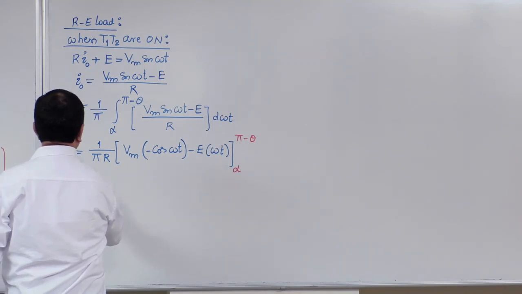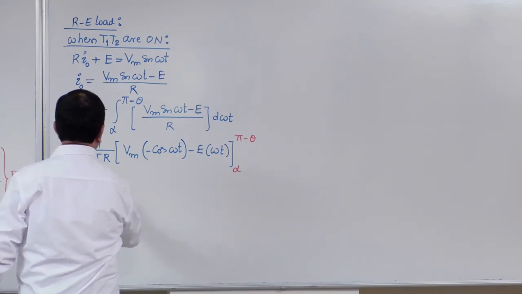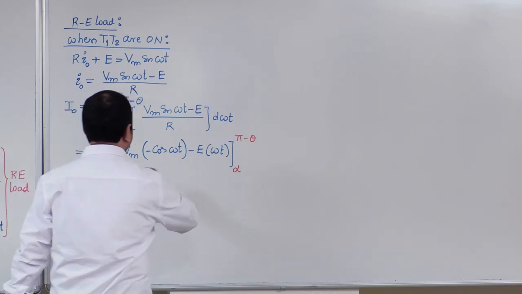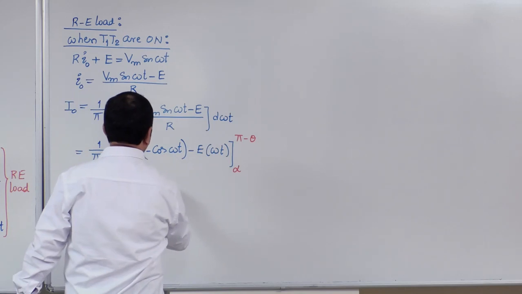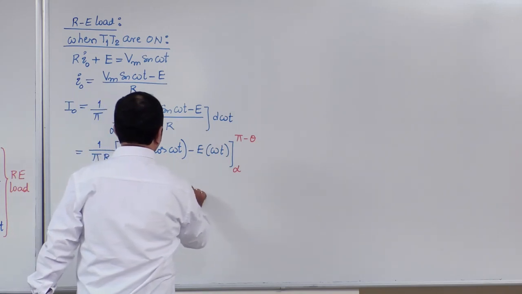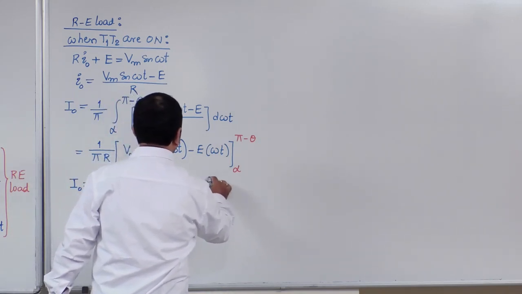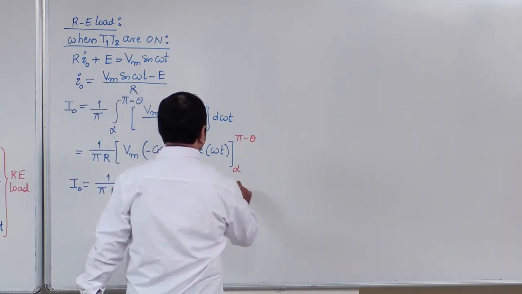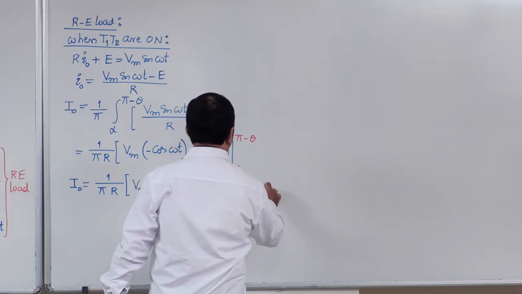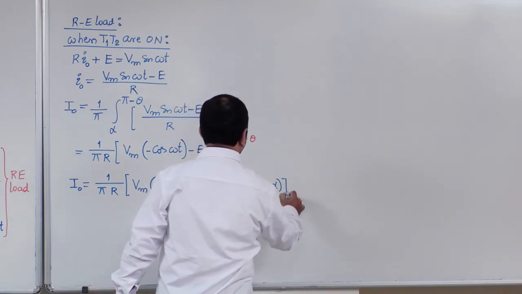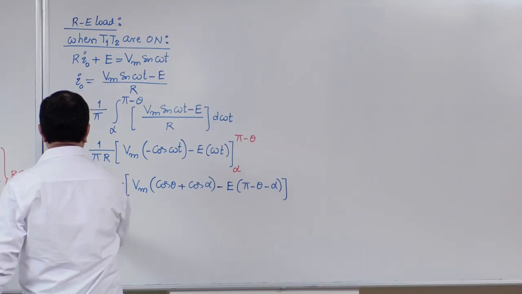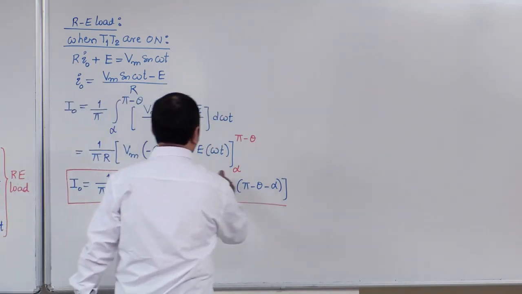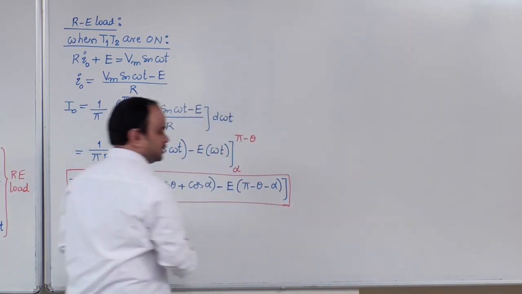Therefore, it will give you 1 by pi R, Vm. Now substitute the limits. Upper limit will be cos theta, lower limit is minus of minus plus cos alpha, minus E into pi minus theta minus alpha. Okay, this is the expression for average output current.